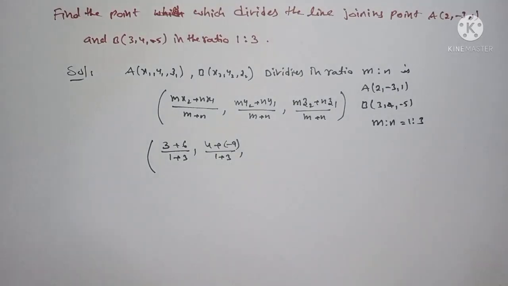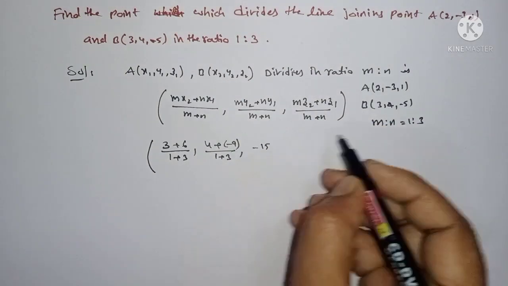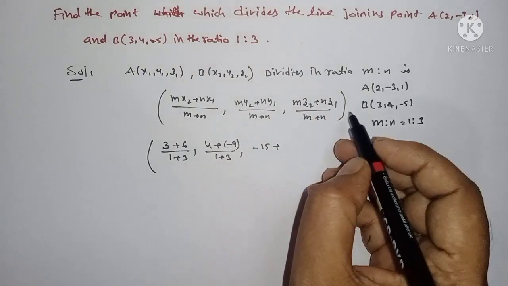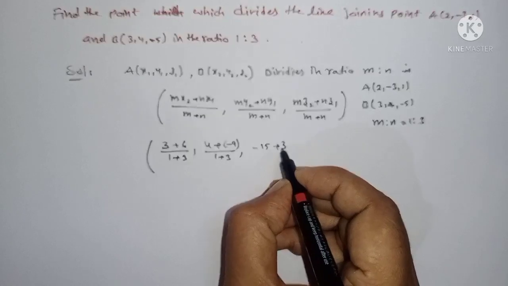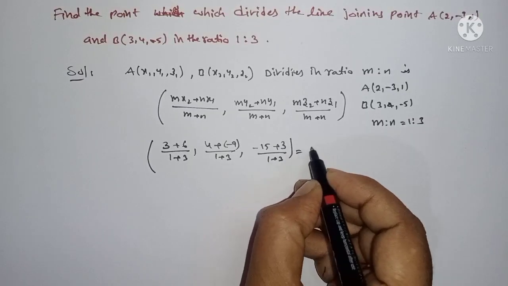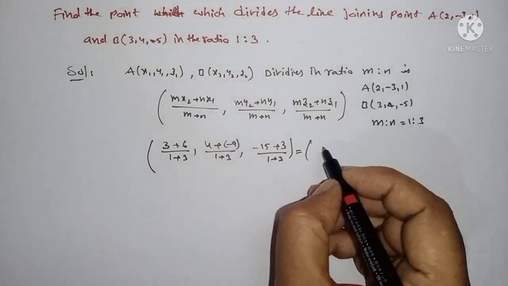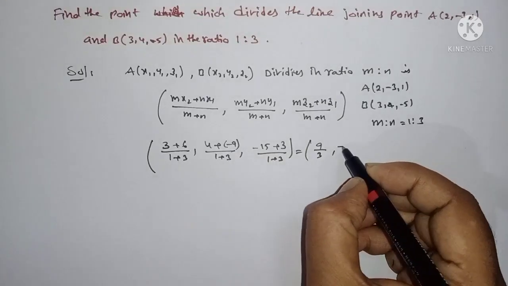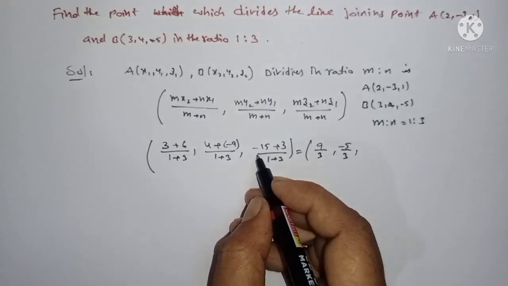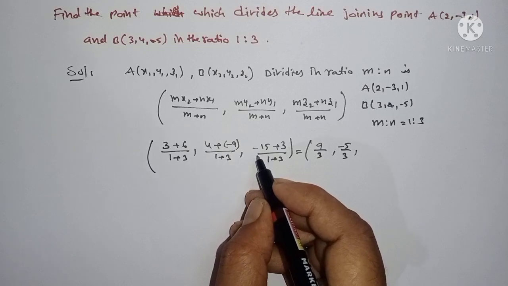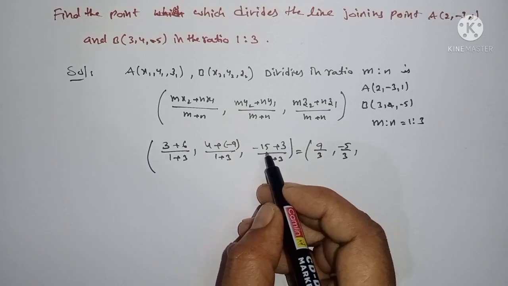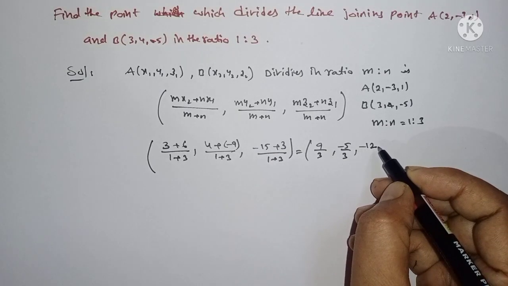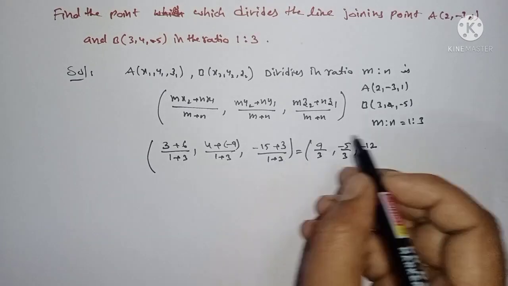For z, m z2 is 1 into minus 5 and n z1 is 3 into 1, by 1 plus 3. Therefore 9 by 4. Then 4 plus minus 9 is minus 5, by 4. And minus 5 plus 3 is minus 2, by 4.